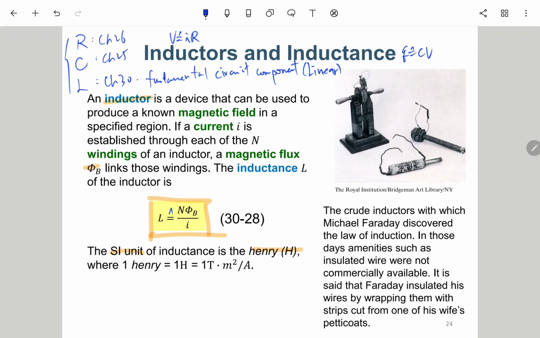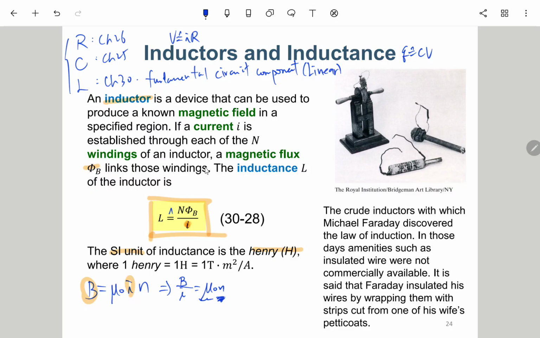When we record the B field generated by a solenoid, it is something like μ0 i n. This B field is proportional to the current. So here we try to normalize this by i. B over i is actually μ0 n. This is a constant, only related to the geometric shape of the inductor, whether it is dense or not.